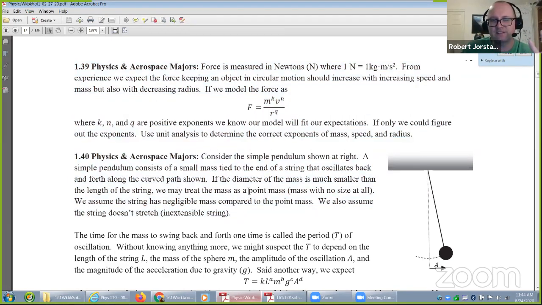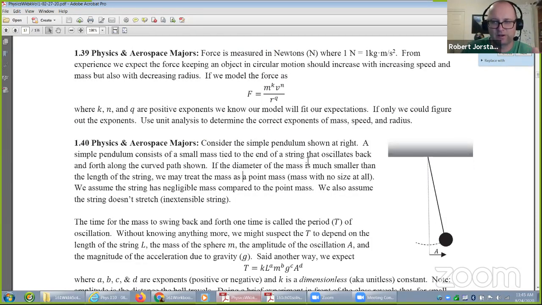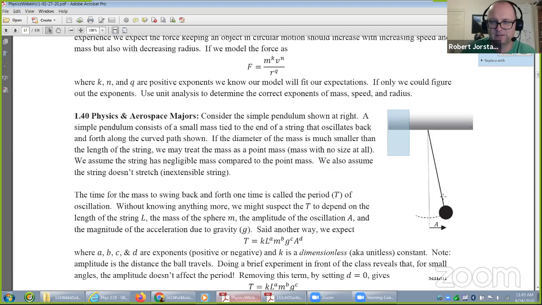One of the reasons scientists will use dimensional analysis is they can literally figure out, for example, in this one, let's say you had this ball and it's swinging back and forth, and you want to learn about what are the factors that affect the period. And so here you can see where capital T is time in this case, all right? So does the length of the string matter?